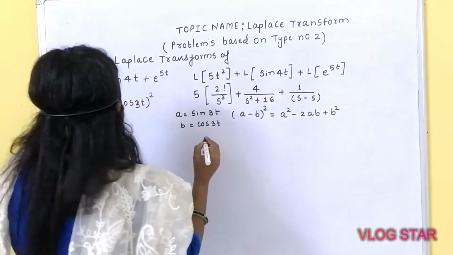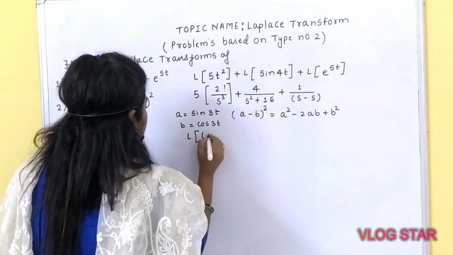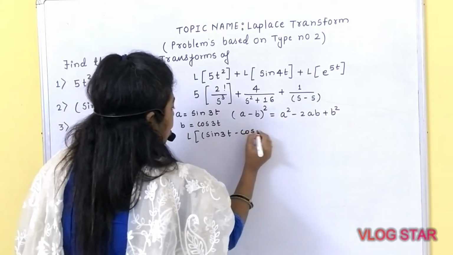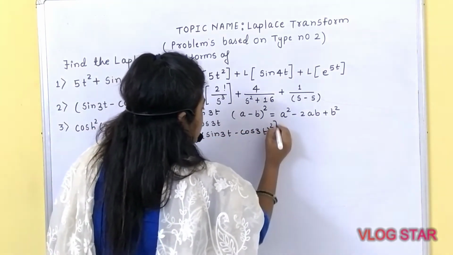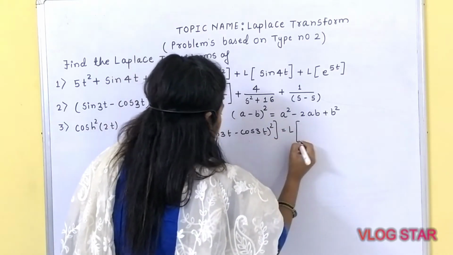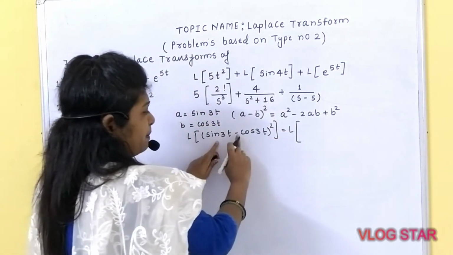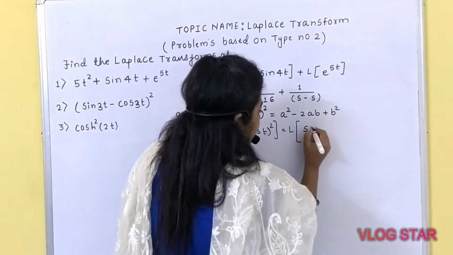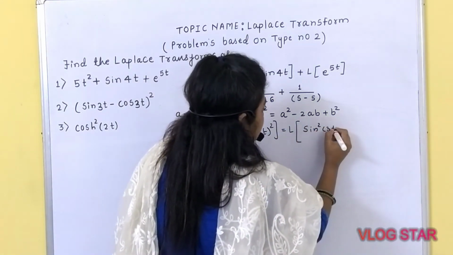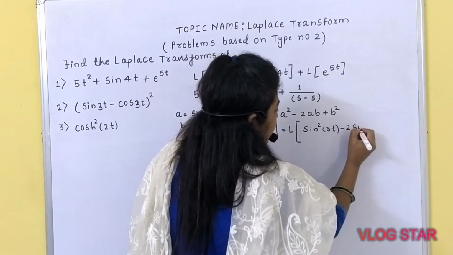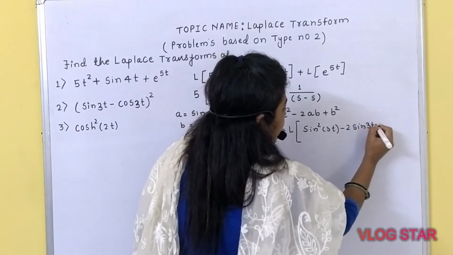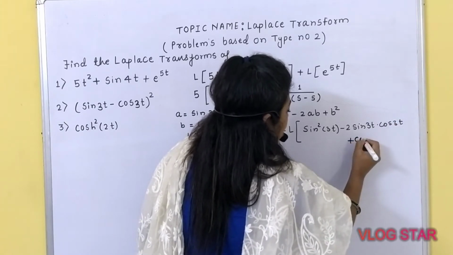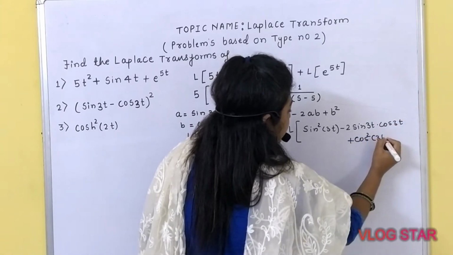So what is Laplace of this particular function? Laplace of (sin 3t minus cos 3t) whole square is equal to, here a square, so sin square 3t, minus 2 sin 3t into cos 3t plus cos square 3t.